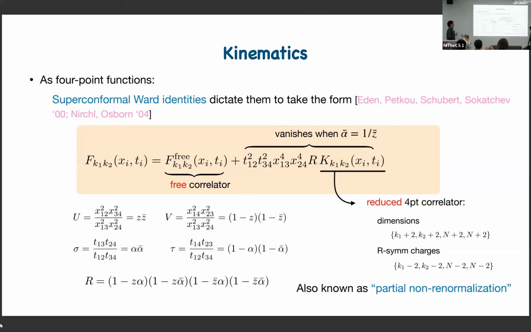Let's first do the easiest thing and view them as 4-point functions. This we already reviewed yesterday. Superconformal symmetry tells you that you can write the 4-point function as the sum of a free part and a reduced part. The reduced part is multiplied by some factor determined by superconformal symmetry. And just to remind you, these are the cross ratios we defined yesterday.